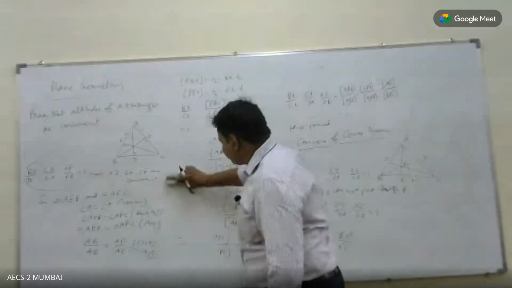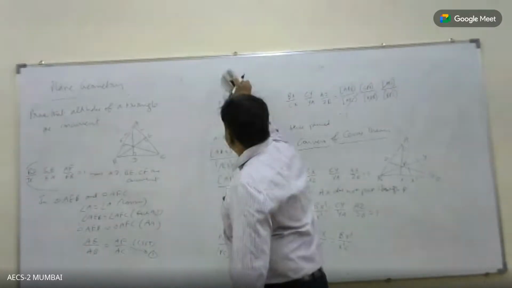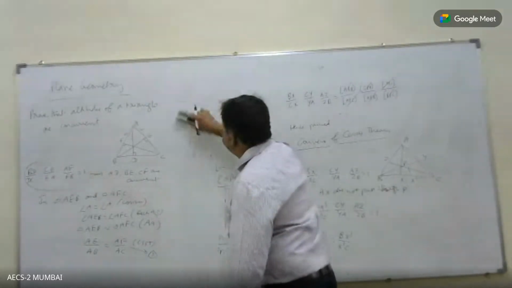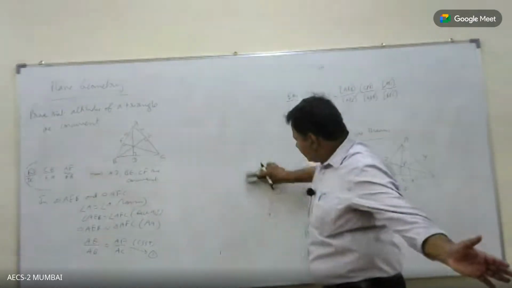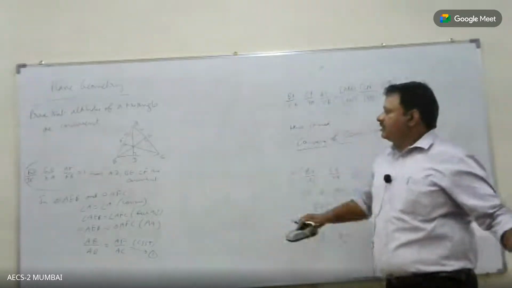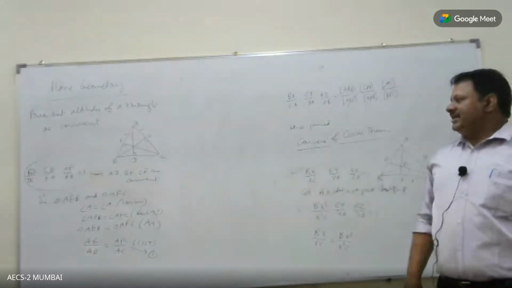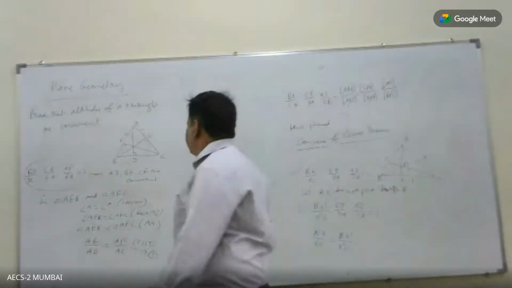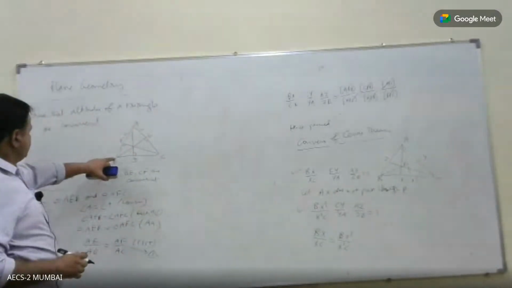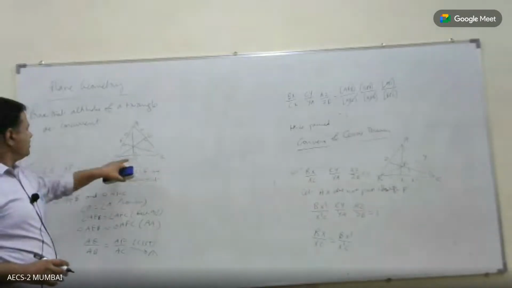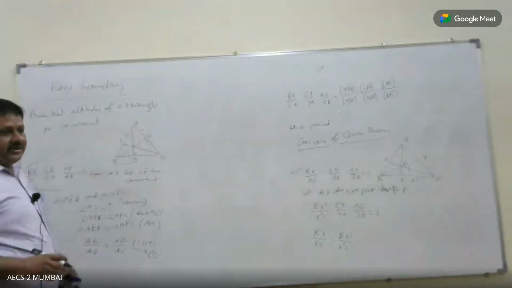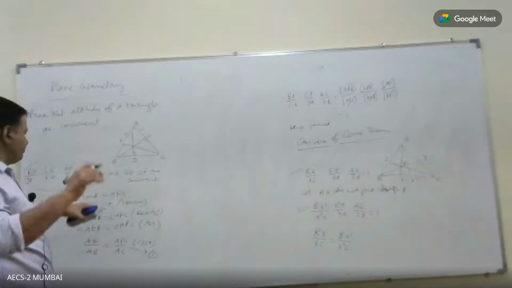What is my next choice of triangles? Yeah, can you come again? BFC and BDA.